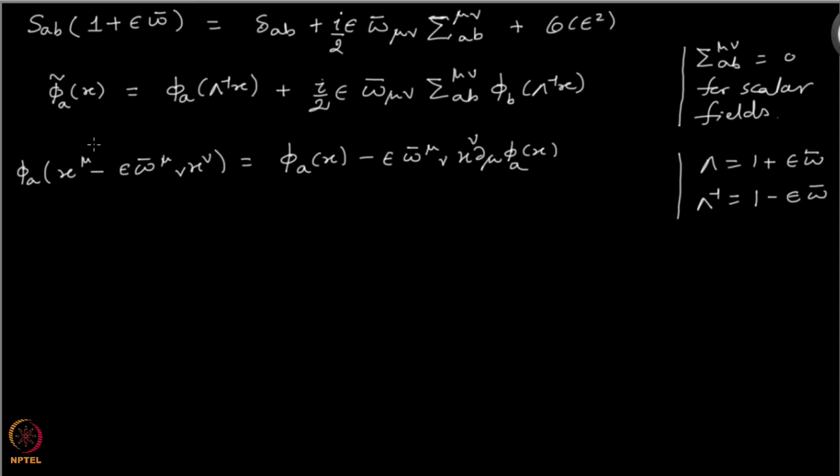Now, I will find out what phi tilde of x is. So, phi tilde of x is this piece combined together with this one. Okay, and that is easy.